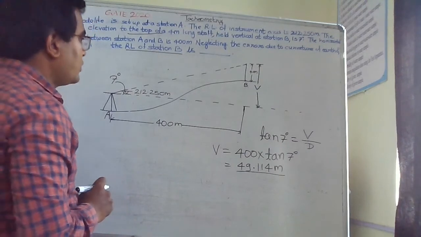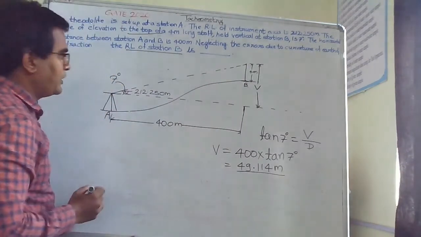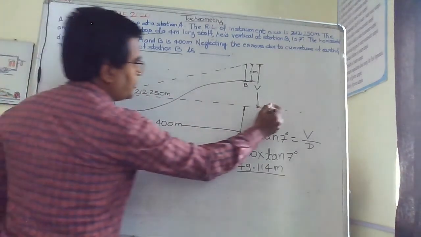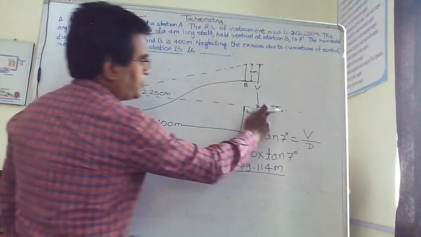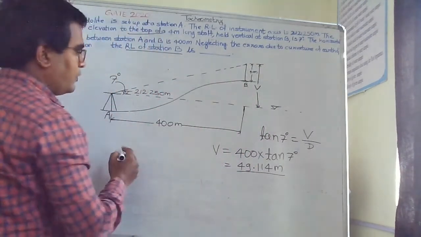Now what we have to do? We have to find out the RL of this station B. So how can we find it out? We know the RL of this instrument axis. We know now vertical distance V. So here we can find it out.